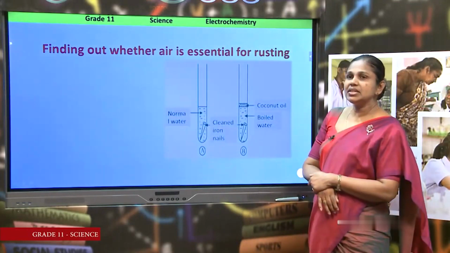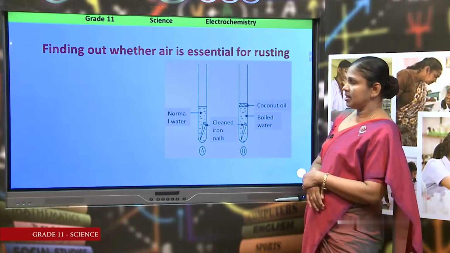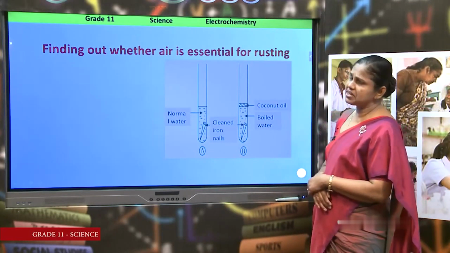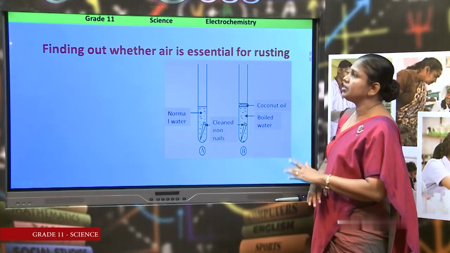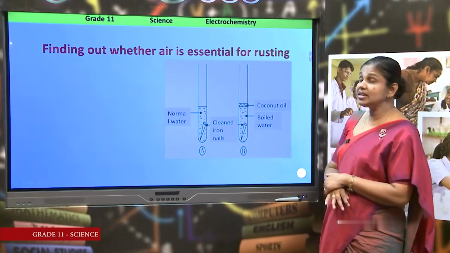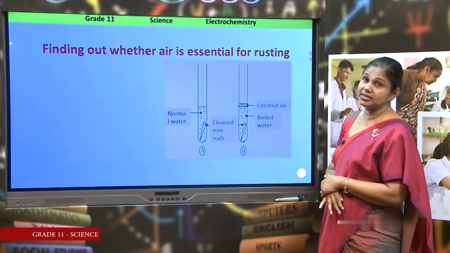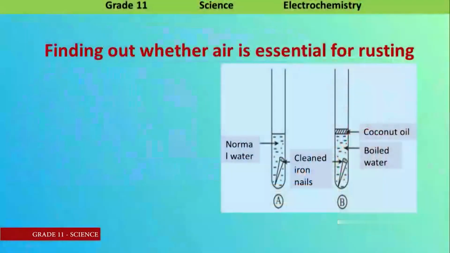See, this is the activity that we can implement in our school lab to find out whether air is essential for rusting. Okay, children, here in this diagram, please observe this diagram properly. You can see there are two test tubes with clean iron nails, right?